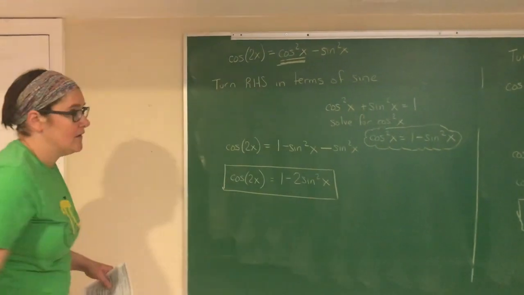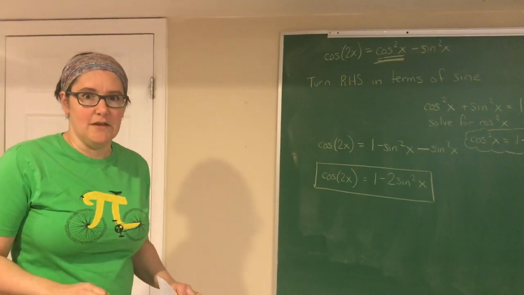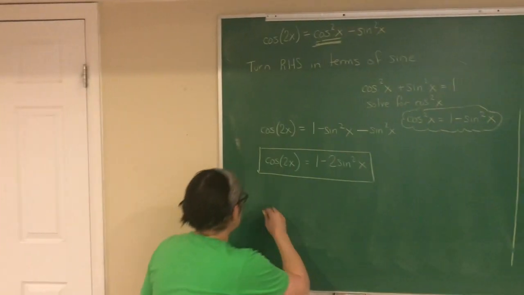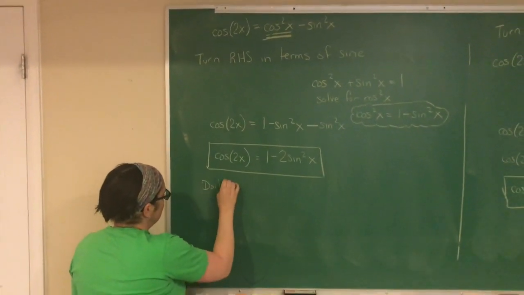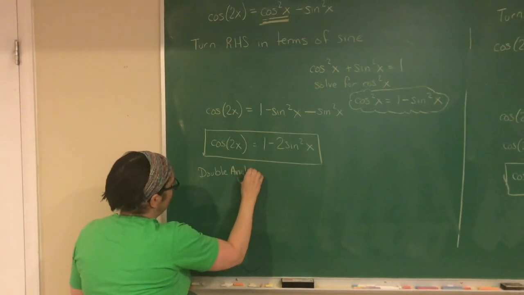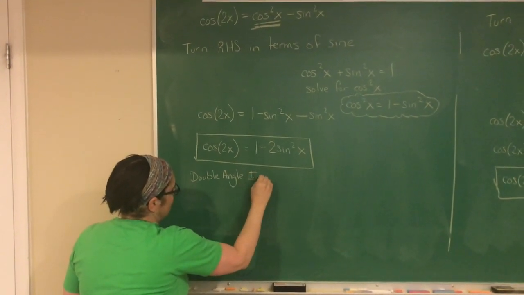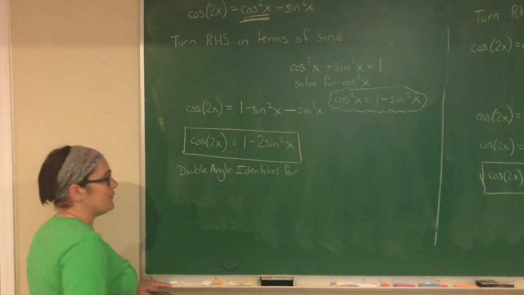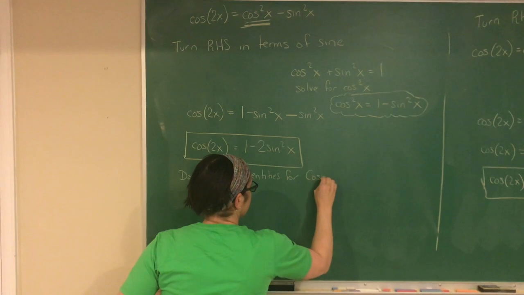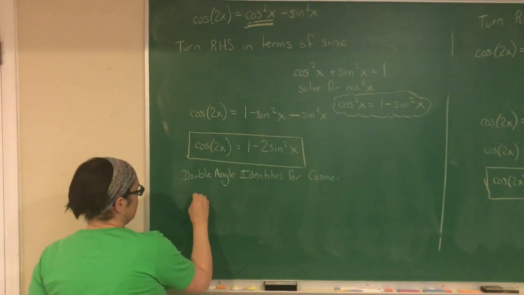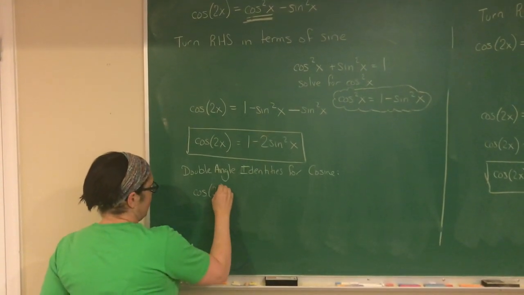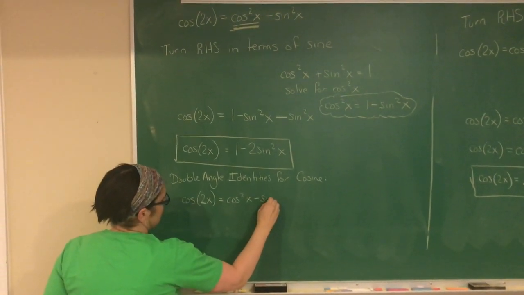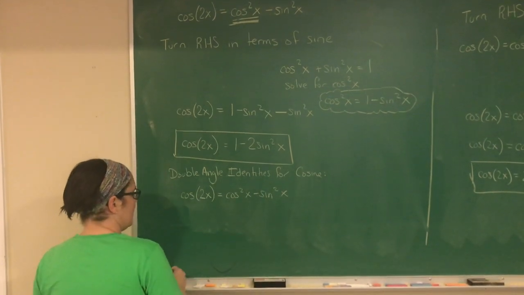Okay, so think about what we just did. You might be like, why did we do all of that? Well, that gives us 3 double angle identities. All of these are double angle identities for cosine, and they are: cosine of 2x equals cosine squared x minus sine squared x.